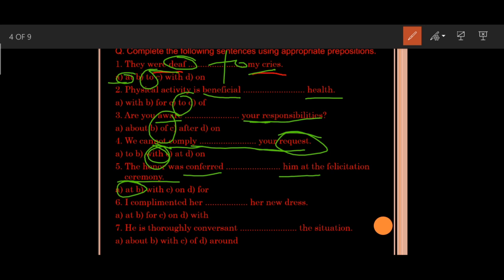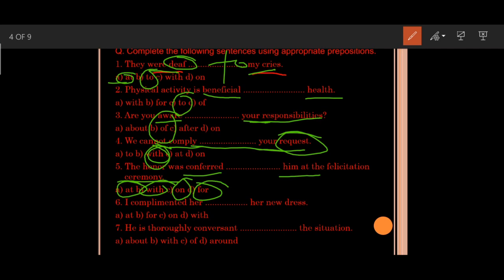We can't say the honor was conferred with him, it's wrong. We also can't say the honor was conferred for him, because वो वहाँ पे थे और उनके लिए वो honor है, और उनके लिए वो honor दिया गया है उनको. So we are using the honor was conferred on him. Rest of all are incorrect. So you can use the common sense right here.